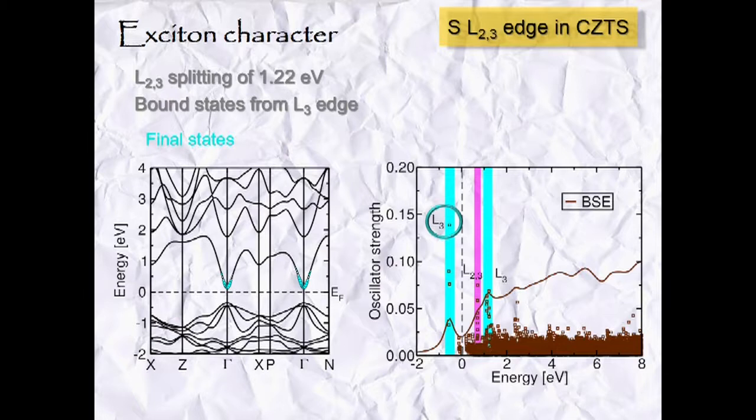Opposite, if you have a small binding energy, that means electron and the hole are far away from each other. That means the electron hole pair is pretty much delocalized in real space. And then it could happen that the contribution to an exciton in terms of final state comes from a very, very tiny region of the Brillouin zone.